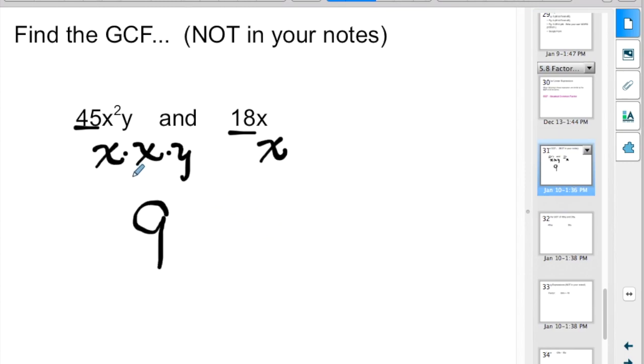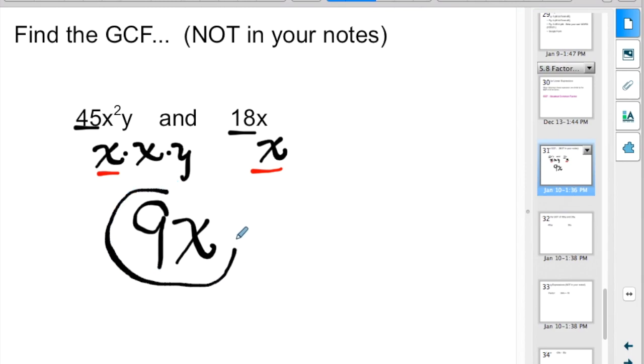So to find the GCF of the variable parts, I look for the number or the variable that shows up in both terms. And that's 1x here and 1x here. So I take my x, I write it with my 9, and that tells me that the GCF of both of those terms is 9x. That means I can divide 45x squared y by 9x. I can also divide 18x by 9x, and it'll work out evenly.